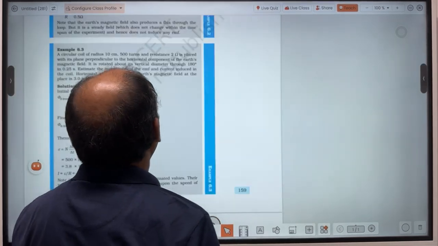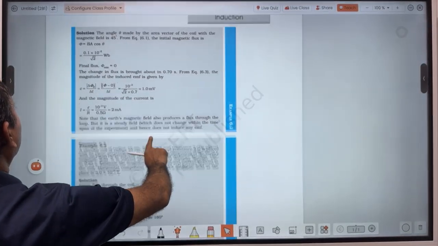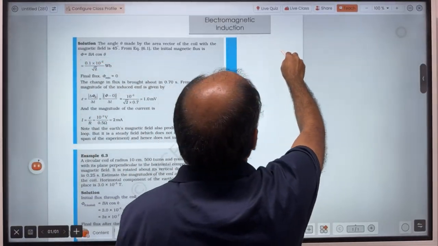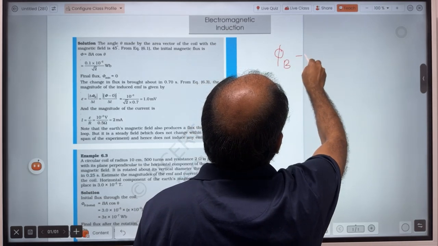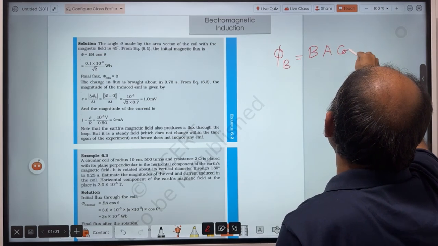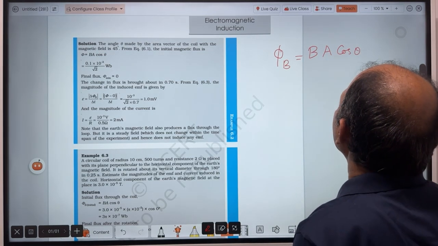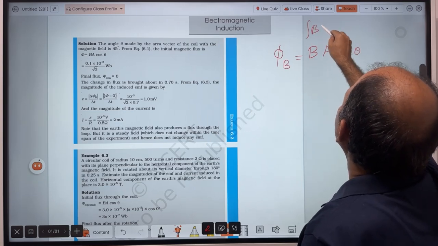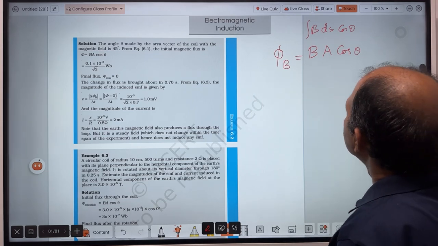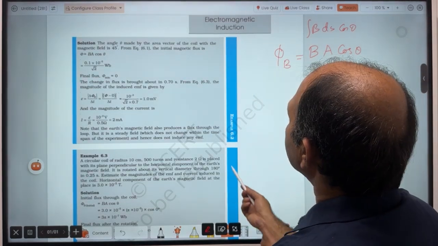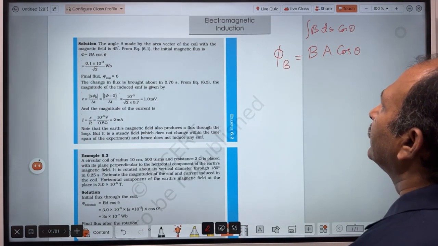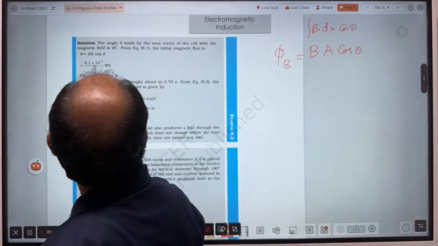This is a good question. So here we have to use one more concept. The flux phi B is given by BA cos theta, or B dot A, or integration B ds cos theta, or integration B dot ds, same thing. So BA cos theta. In this question, theta is given as 45 degrees.